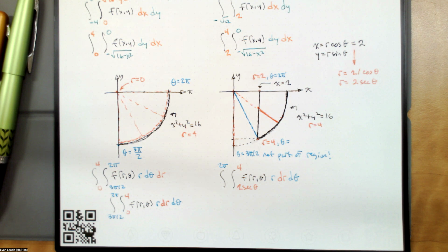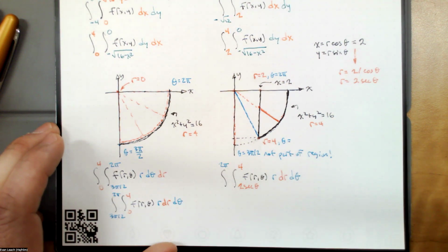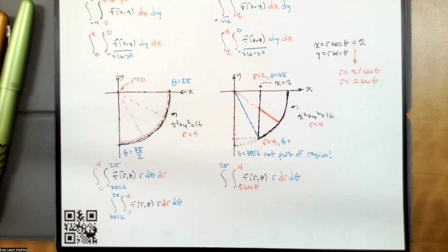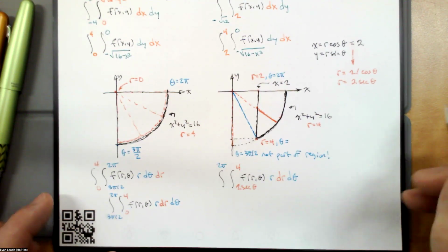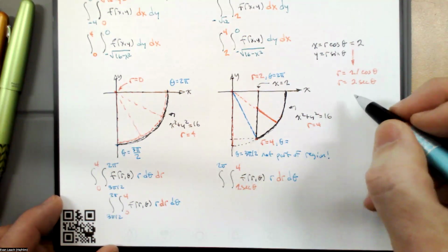That theta happens when r is equal to 4. We also know x and y, so we can actually get at it using tangents. Using what we have in front of us, we're going to have 2 secant theta equal to 4.